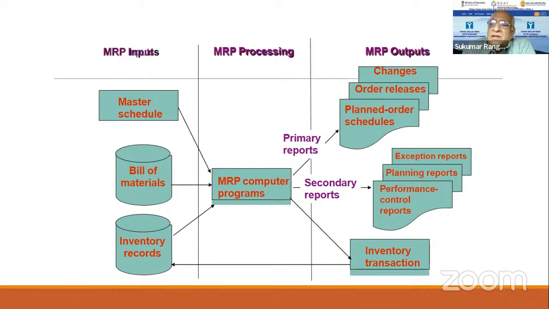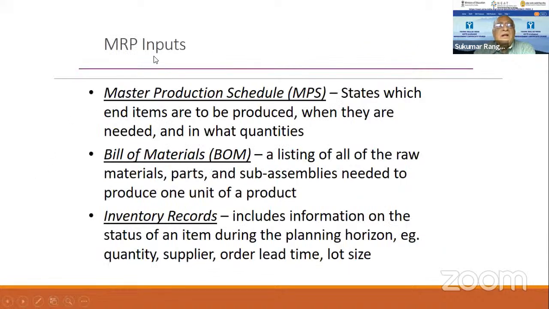Materials are allocated, assigned, and delivered to the point of production. Okay, so you keep updating the inventories, generate performance reports, and all this. So this together is called material resource planning.